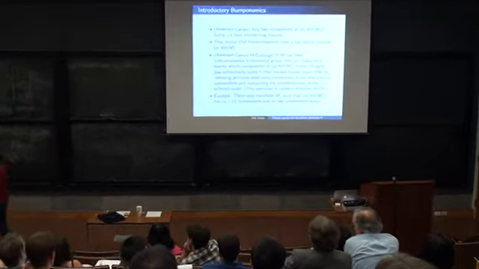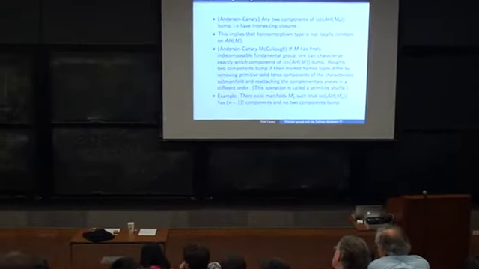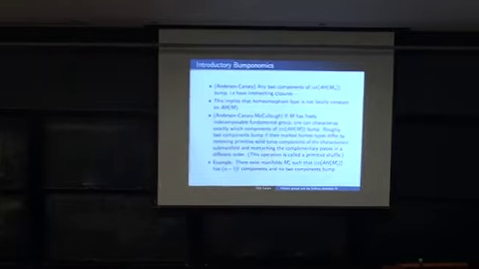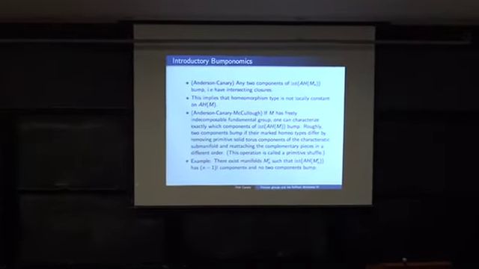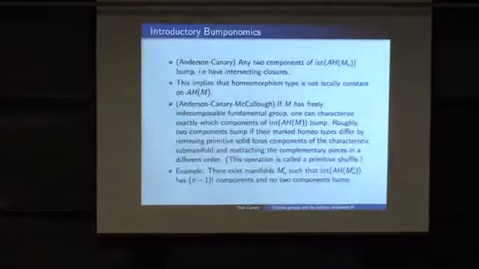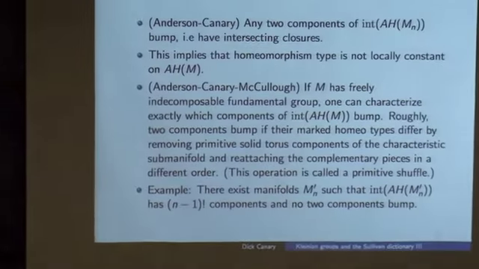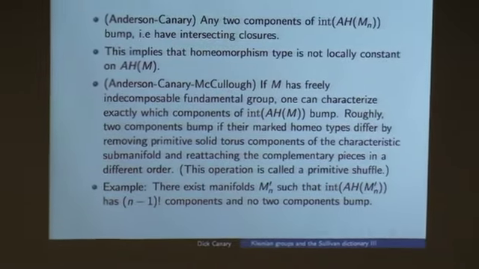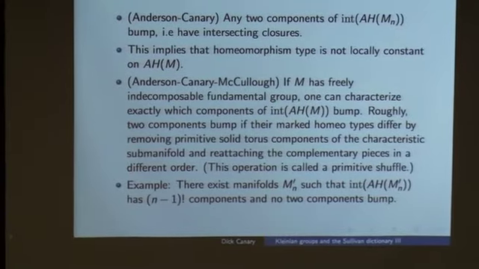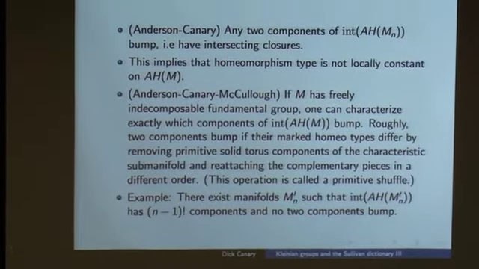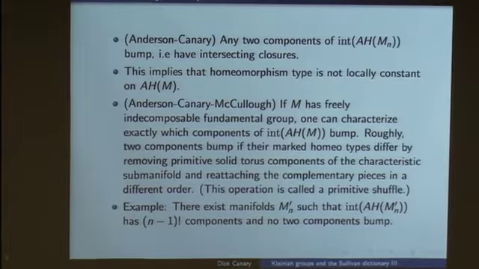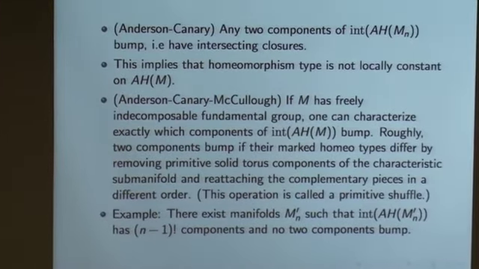So now we're going to talk about bumping. The first thing that happened in the theory of bumping was that we saw that any two components of the interior of AH of M_n, where M_n is that manifold, bump. So why is that surprising?